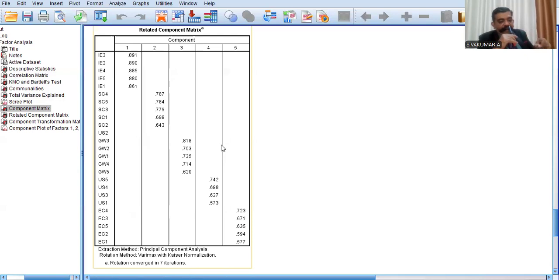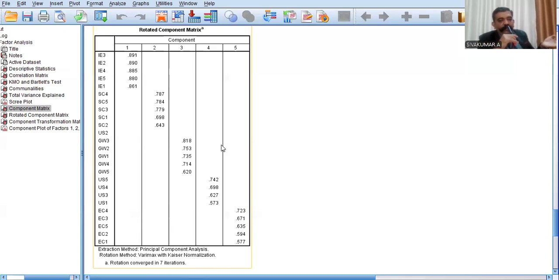SC4, SC5, SC3, SC1, SC2 are attached with the second factor. GW3, GW2, GW1, GW4, GW5: those variables are attached with the third factor. US5, US4, US3, US1. 5 factors.